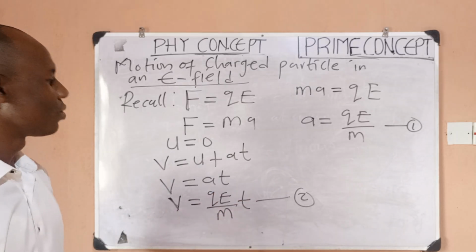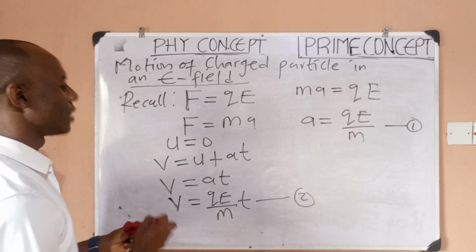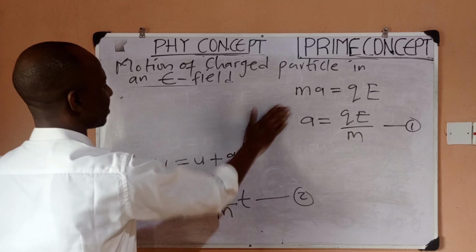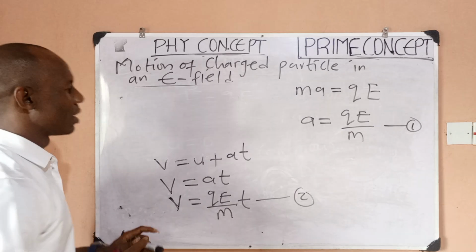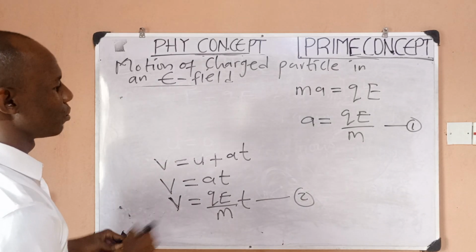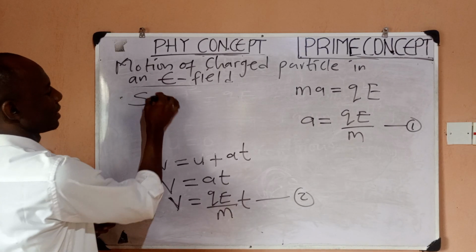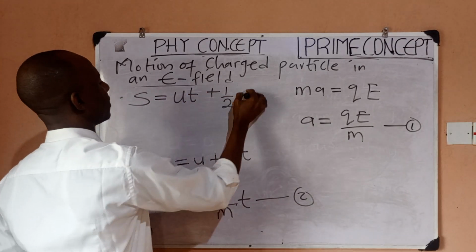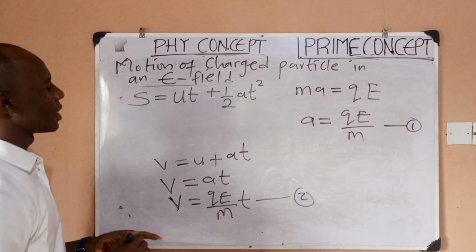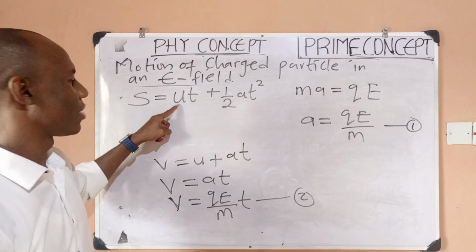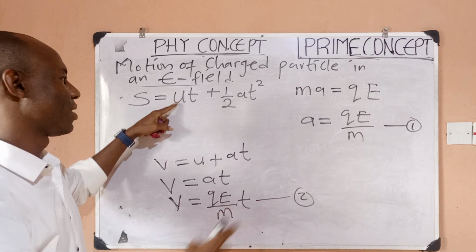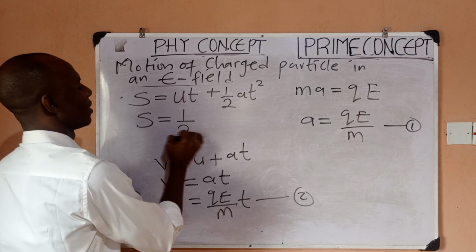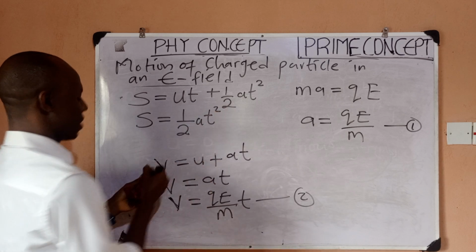And the third relationship I want to derive is for the distance traveled by that particle. You also recall one of the equations of motion, that distance s is given as ut plus half at squared, right? Since we have assumed that u is 0, the particle starts from rest, s is going to be half at squared.